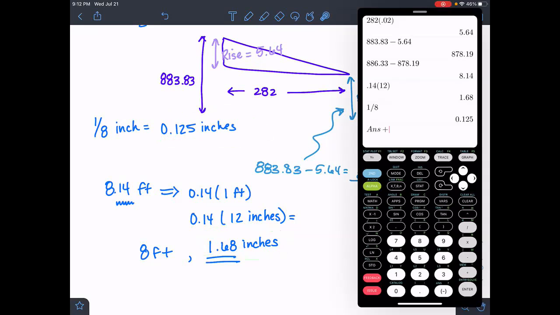So you can say 0.25, 0.125, 0.625. So 0.63, I would say, is one of the nearer inches.